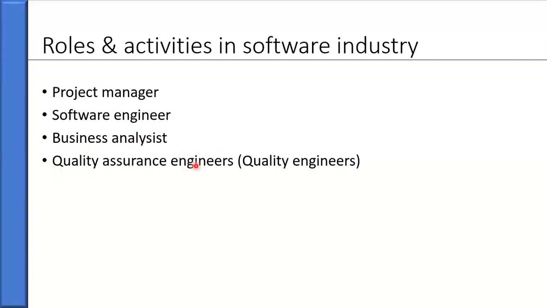Then the quality engineers, or quality assurance engineers, are mainly involved in making sure the software performs at a certain level of quality. Think your budget is only 50,000 rupees, and if your client requires very high-grade quality, it's really hard because you don't have enough money. Your project manager will understand: yes, insufficient cost, insufficient funds.